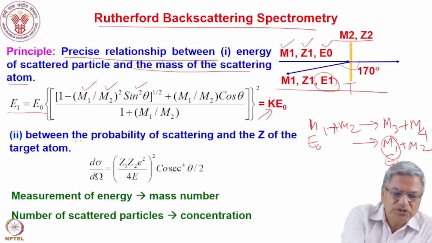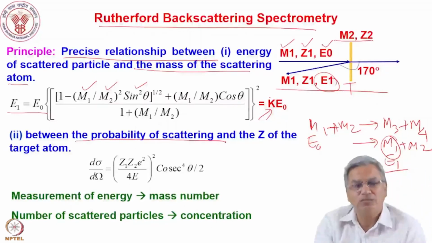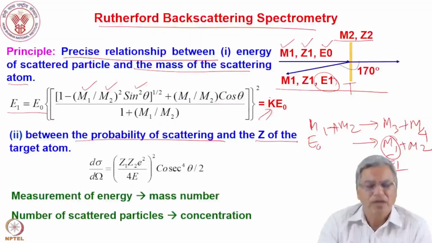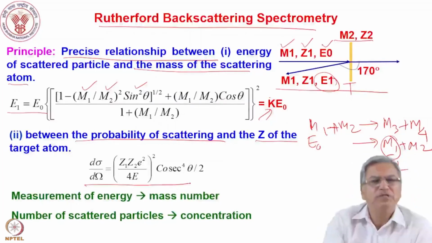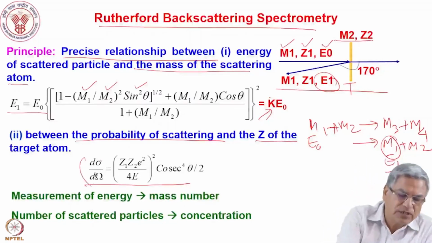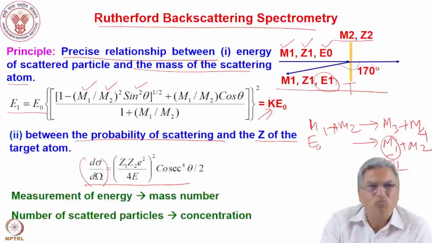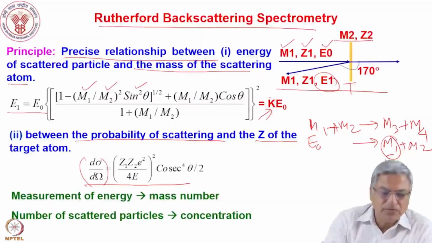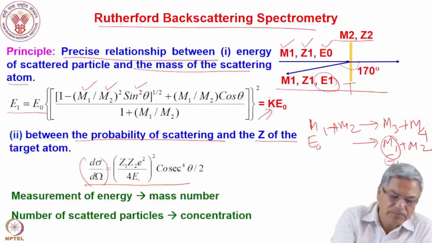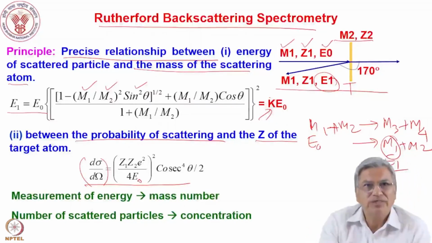The second relationship is between the probability of scattering of the projectile and the Z of the target. And the cross section is given here. Probability means essentially the cross section. So the differential cross section d sigma by d omega per unit solid angle is given by Z1 Z2 e squared upon 4E, where E is the projectile energy, whole squared, cosec to the power 4 theta by 2.